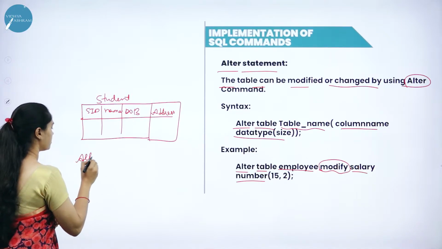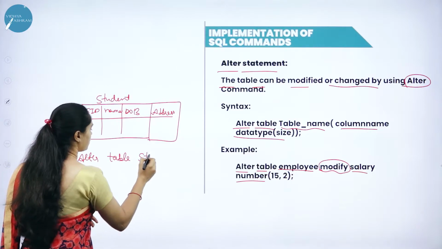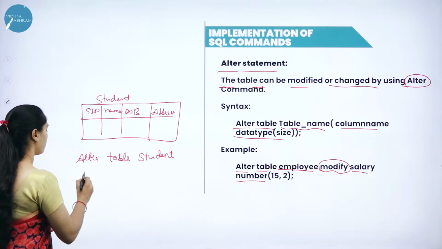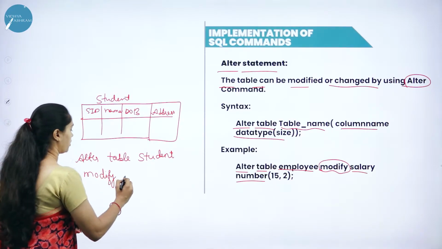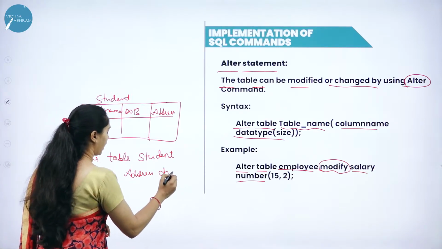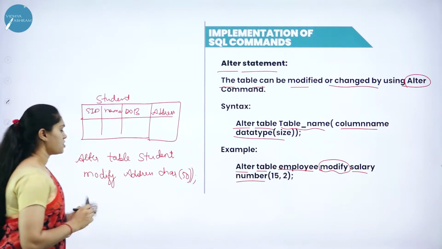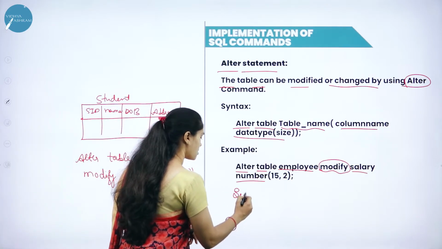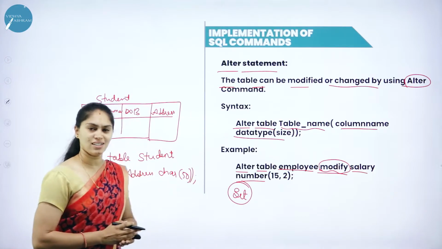Alter table student, modify. I am going to take address and I will take char of 50. So this is how, or else we can also use a keyword called set. So we can use set and modify with respect to this alter statement.